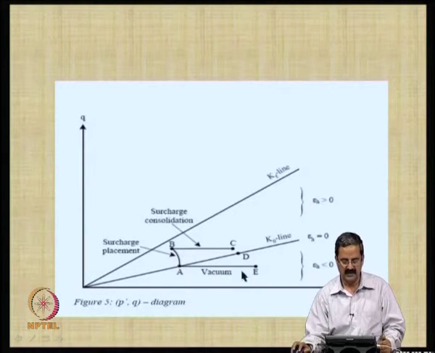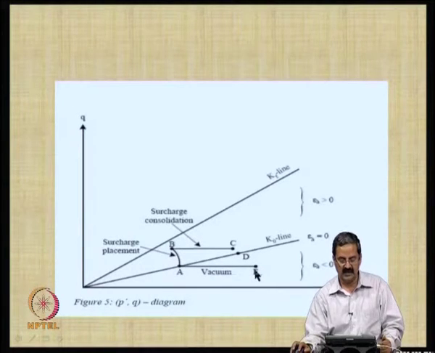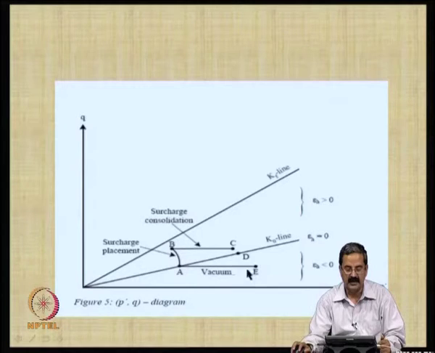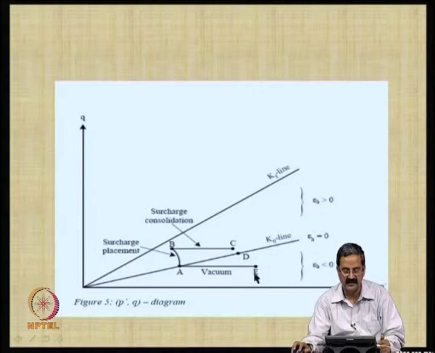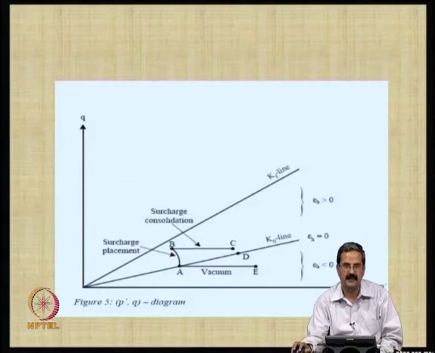So, you can see that because of the vacuum, at the same effective stress, you applied vacuum, and it results in this QP plot like this, but you will get the effective stress increased, right, because you have to add that UA component.